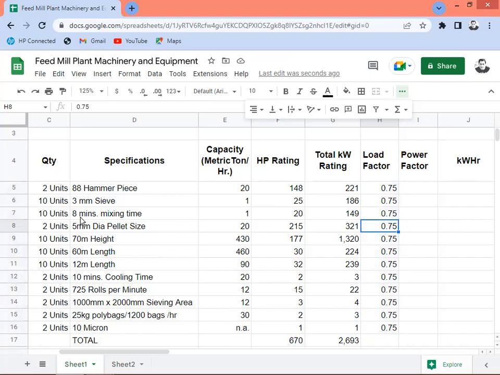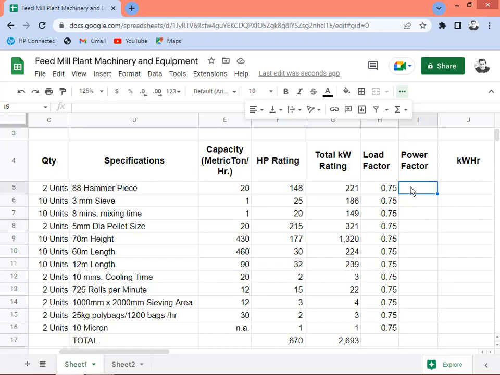The hammer mill's load factor is different, and the batch mixing also has a different load factor. But for the sake of the exercise, I'm just making it 75% across the board.